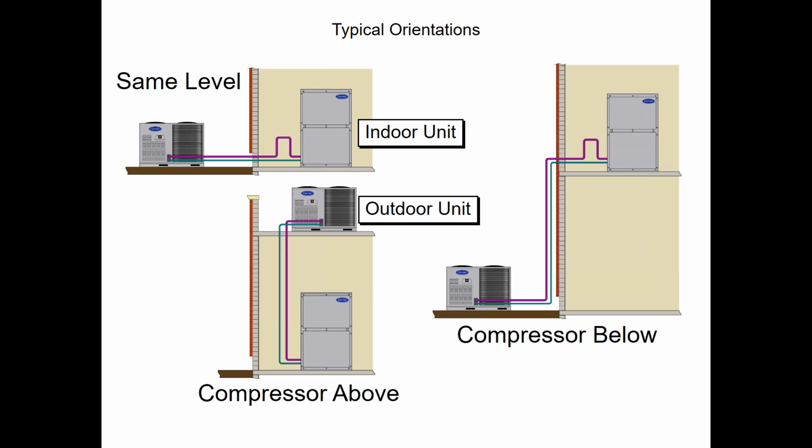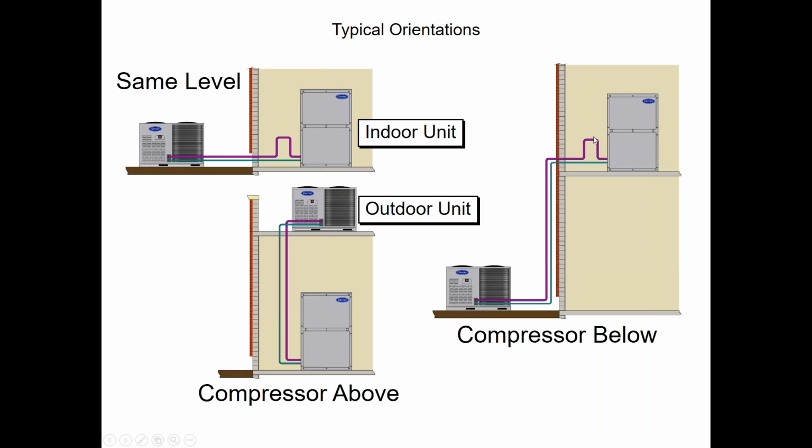Okay, so the other application is when the compressor or the condensing unit is below the evaporator. When you have this orientation, you always want an inverted trap on the suction, and that trap needs to go equal to or slightly above the top of the evaporator.